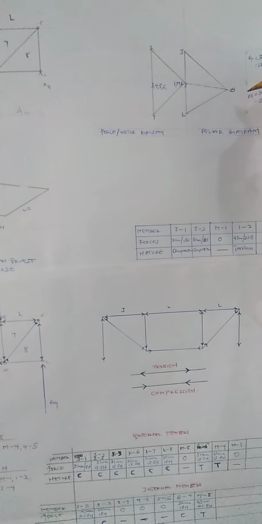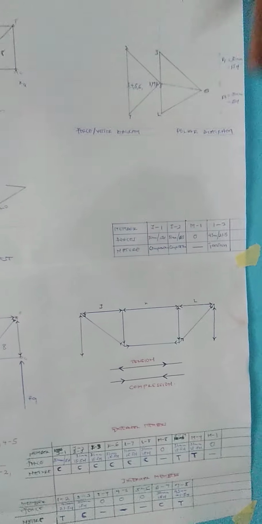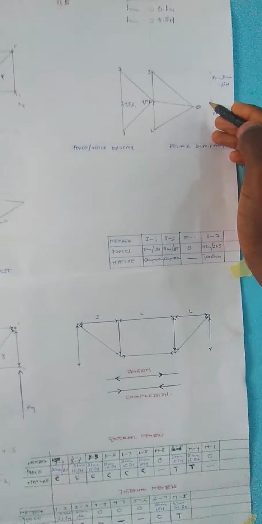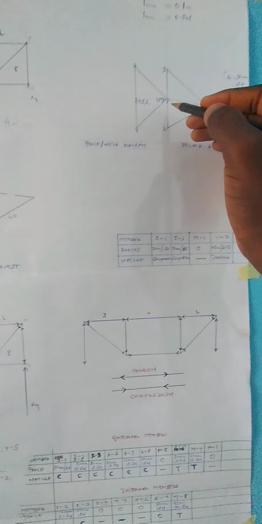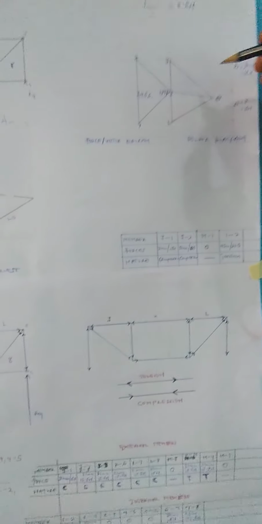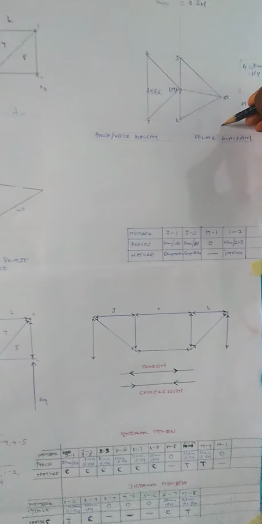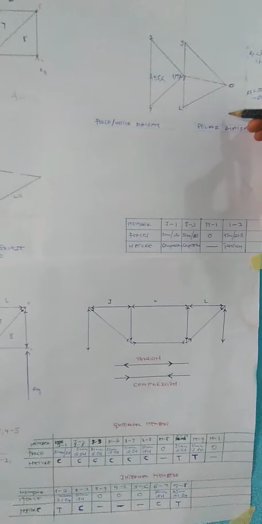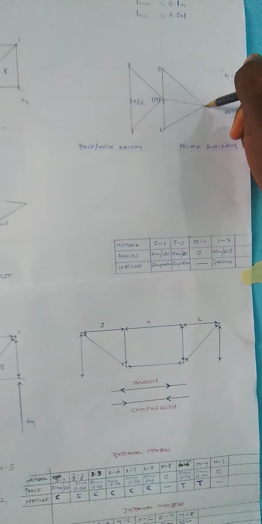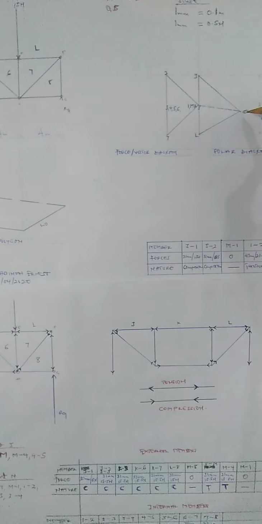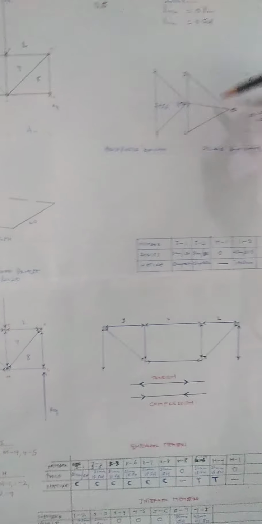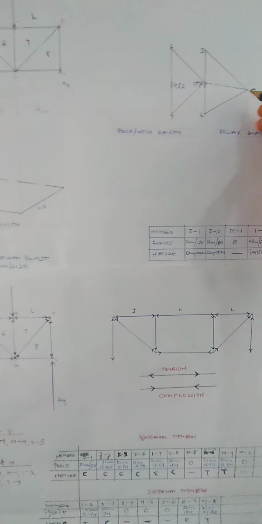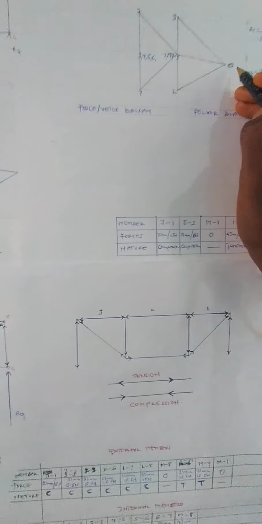If it is not given in the question, you have to use a reasonable distance for the polar point away from your load line, which is 40 or 50. And in my case, I used 40. You can make a point on this line anywhere, but I chose this point. As soon as you make this point, you label it O, you join J to O, K to O, and L to O.